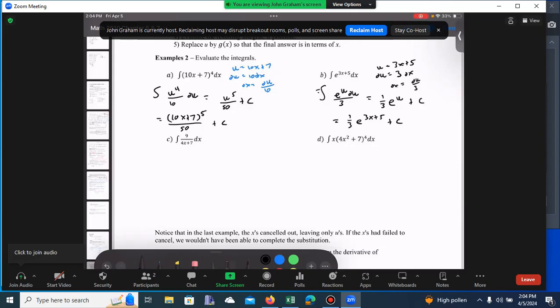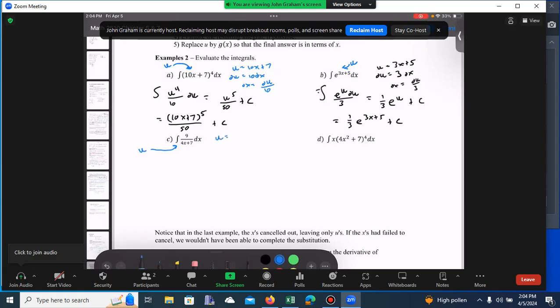So one of the key things, and each of these is kind of a way: if you have a power, the u is going to be inside the power. Same thing with the exponent. A lot of times we make the u what the exponent is for exponential. This next one, we'll make the u a lot of times the denominator. So I'll do it this way.